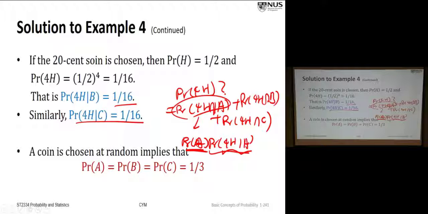This one is equal to 1/3. Why is it 1/3? Because we are supposed to choose randomly one of these 3 coins. If it's not the same probability, then we may have to adjust this. But here we assume that they are equally likely to be selected.